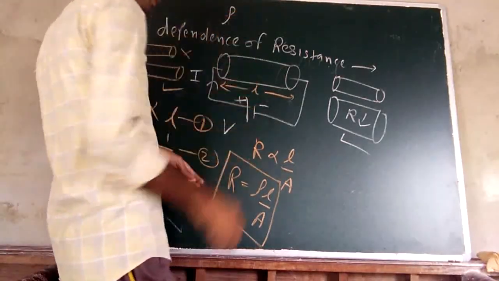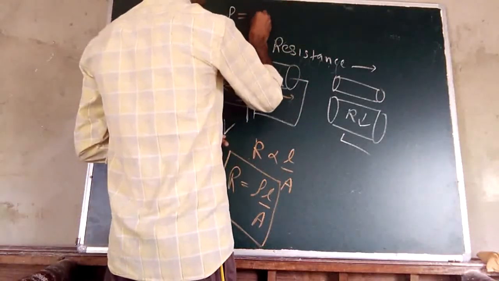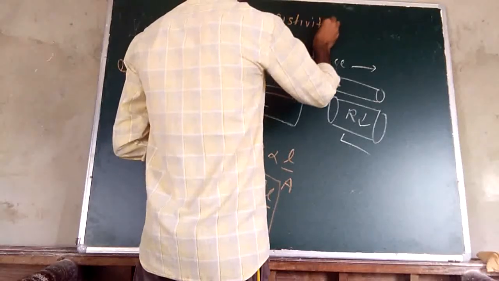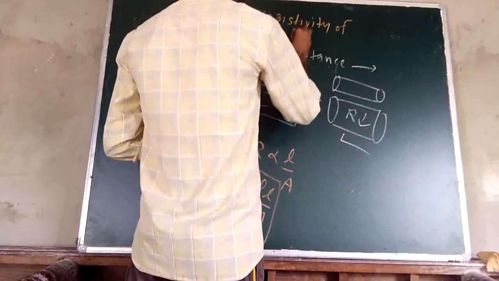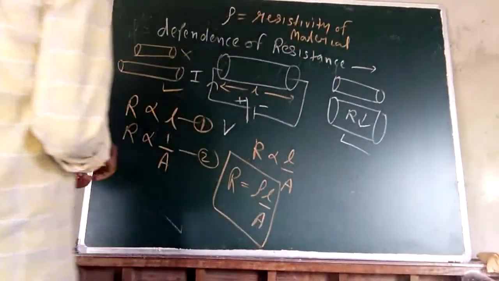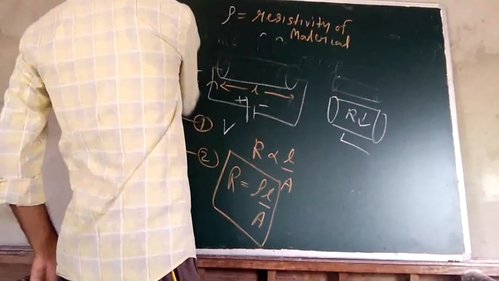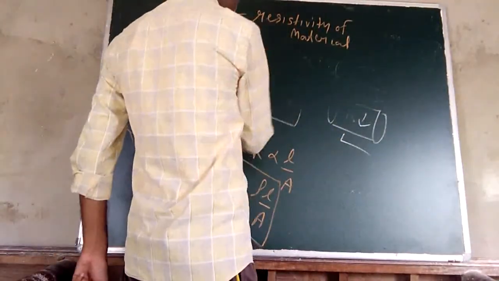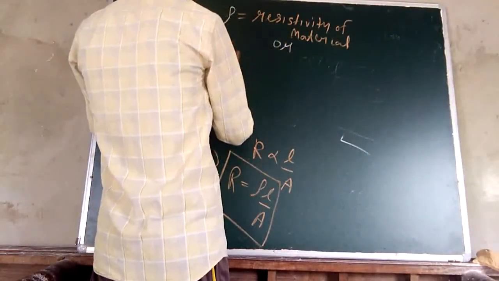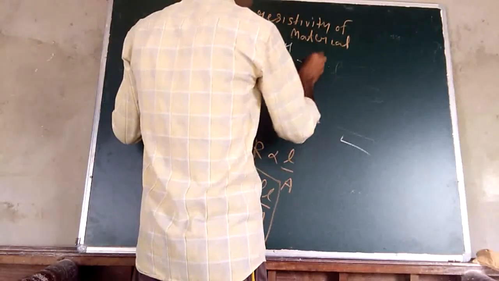Here rho is equal to the resistivity of the material. Another name of this rho is specific resistance.